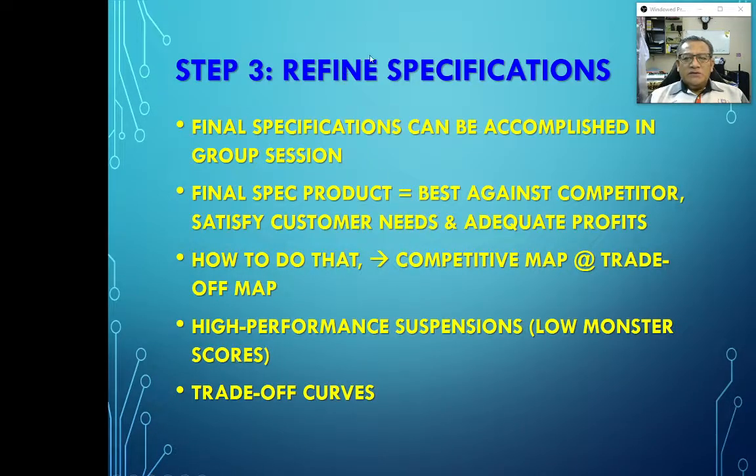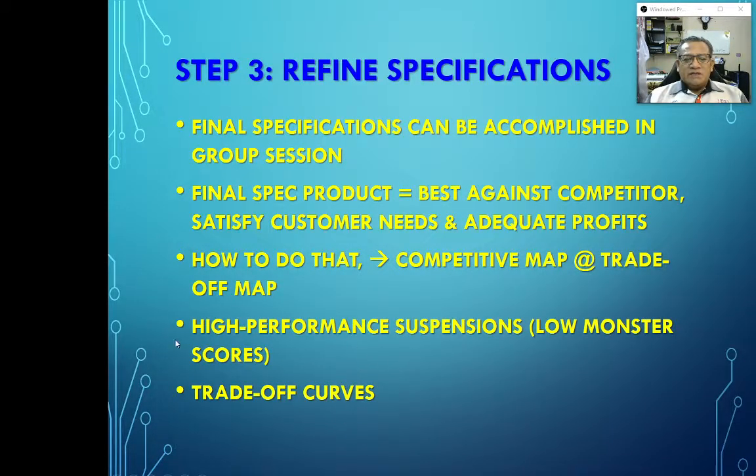And then you need to refine the specification, in which you have to repeat the process in order to get the best final specification of the product against your competitor, right? So in order to execute this, you have to do the competitive mapping, or trade-off map, right?